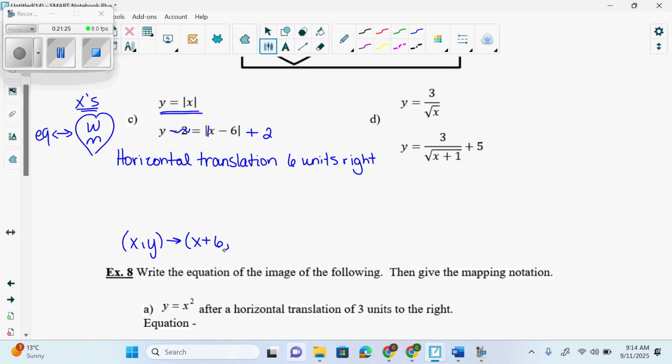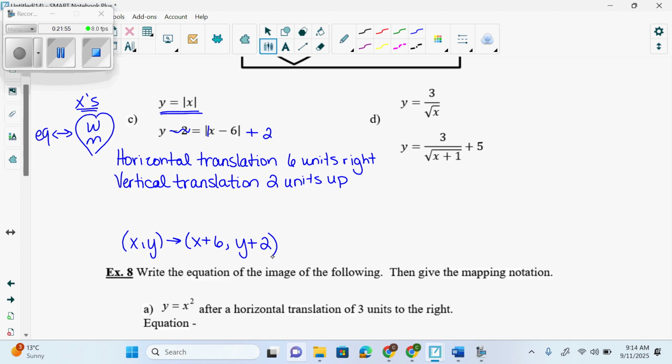Correct? Mapping and words, same. Then vertical translation, 2 units up, and then I go y plus 2 because y's never change. They're the greatest things ever. And plus 2, you go up, mapping it would go up, in the equation it would go plus, right?